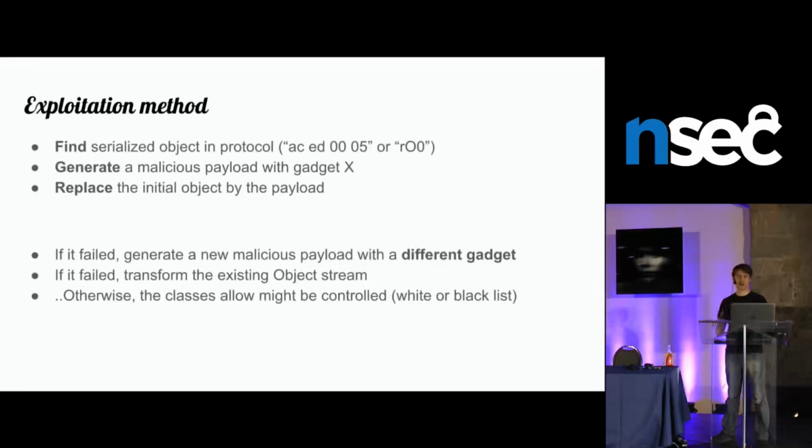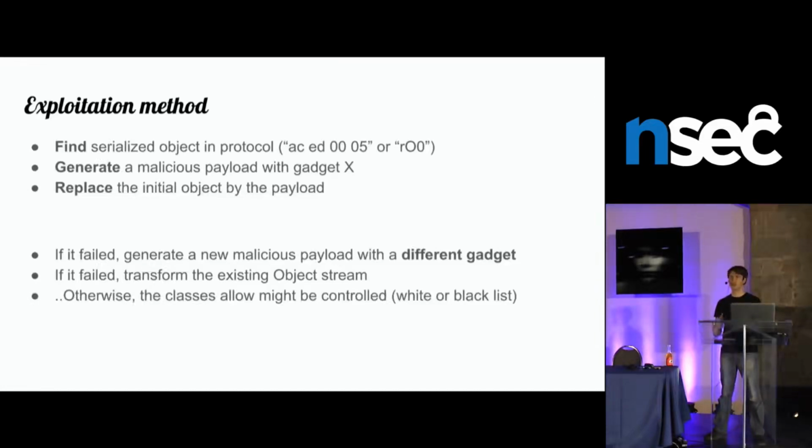Sometimes it will be in Wireshark if it's not an HTTP request. The second step is to generate a gadget, in this case for Commons Collections. Then we replace the initial object with it, and replay the request or continue with the protocol. If it doesn't work, you can repeat the same thing with different gadgets. So it's just trial and error.